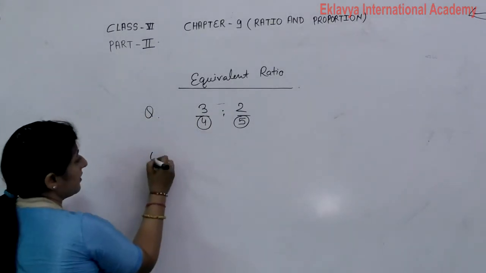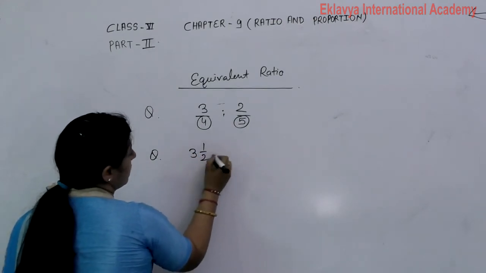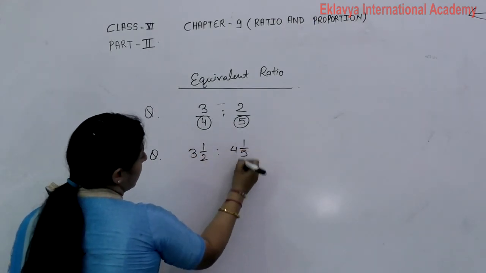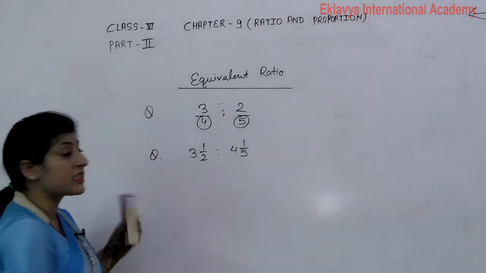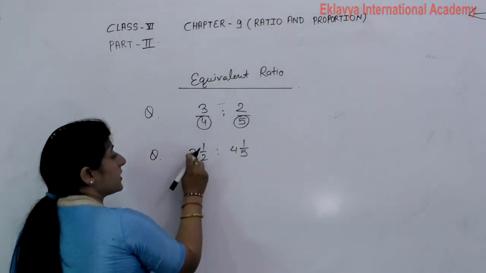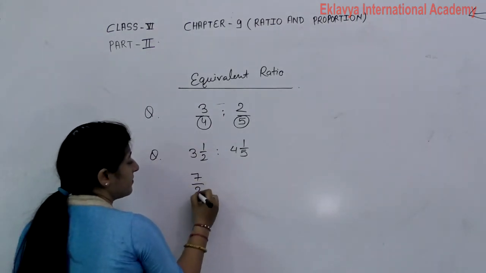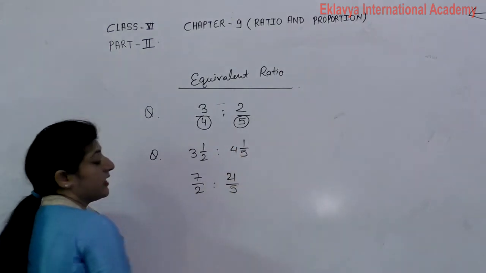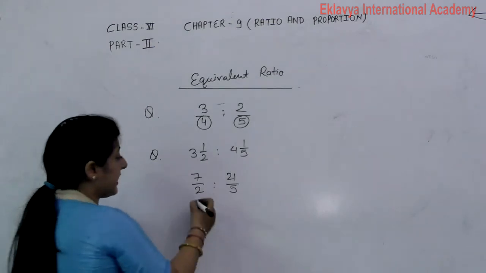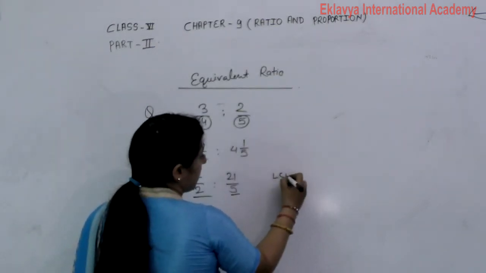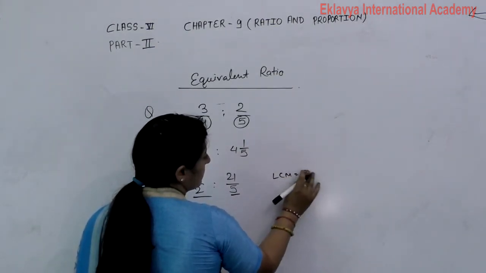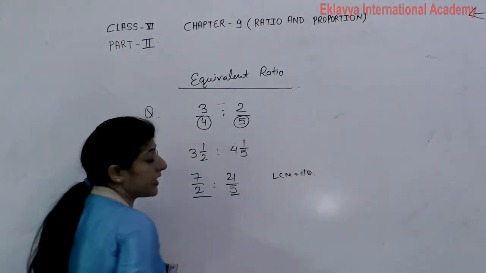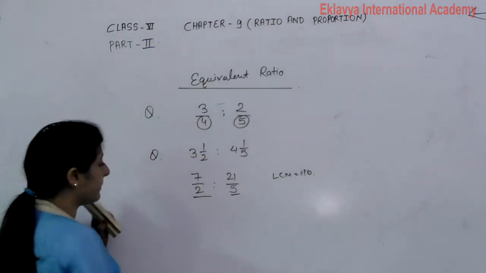One more example, see, that is 3 1 by 2 ratio 4 1 by 5. Then firstly we convert to simple fractions: 3 2s are 6 plus 1 is 7, so 7 by 2; 4 5s are 20 plus 1 is 21... Next step same, take the LCM of the denominators, 2 5s are 10, because both are co-prime numbers.